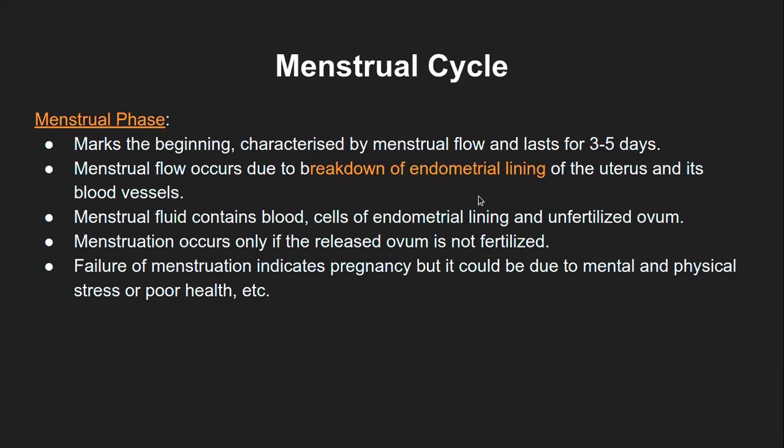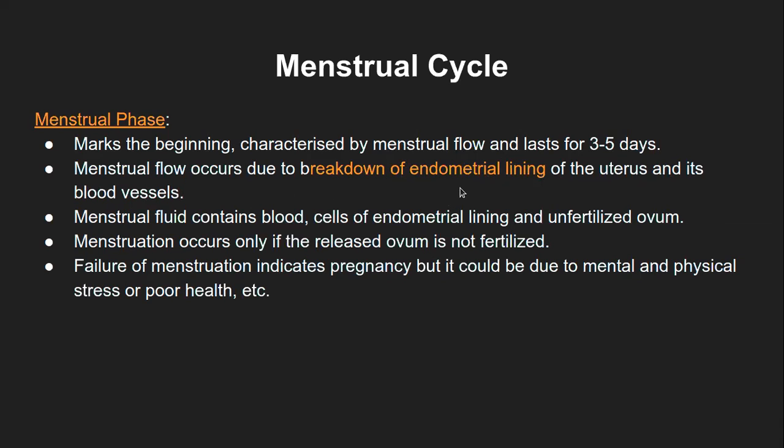We will see what this endometrium is. It is the innermost lining of the uterus, and it grows over the time of the menstrual cycle, and during the menstrual phase, it will be broken down into several component tissues, and it will flow out of the body. And along with its blood vessels, because it is the nourishment tissue which is going to receive the fertilized zygote, so it has to have blood vessels.